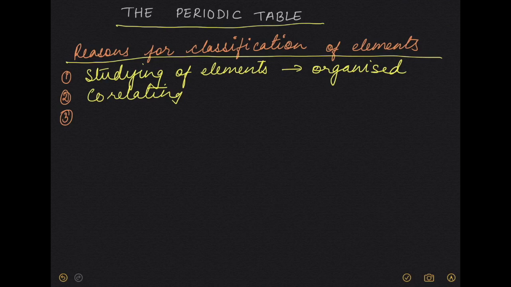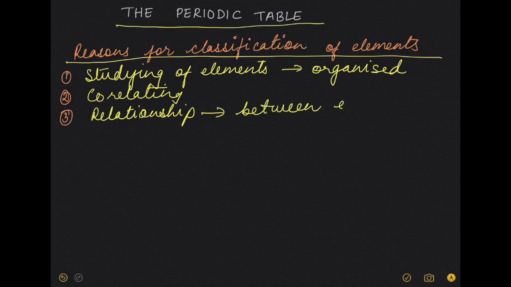Now you know states of matter means solid, liquid and gases. And the third reason was it helps in defining the relationship of one element with another element, that is, relationship between elements. So these were the three reasons for classification of elements.